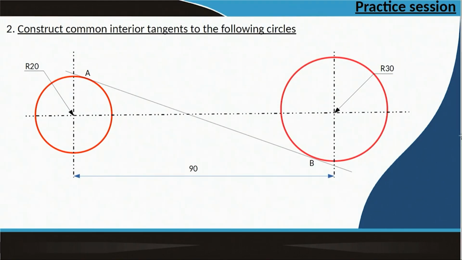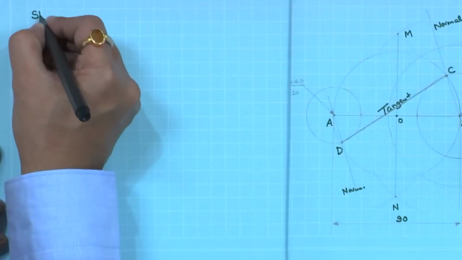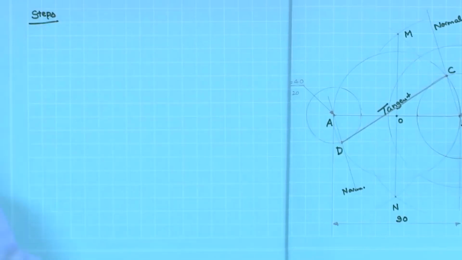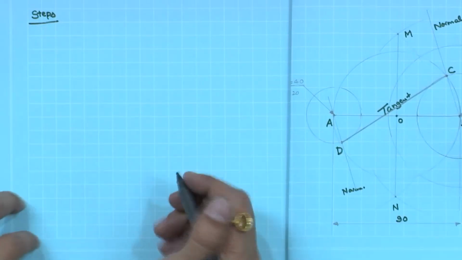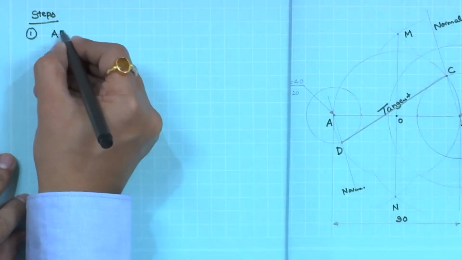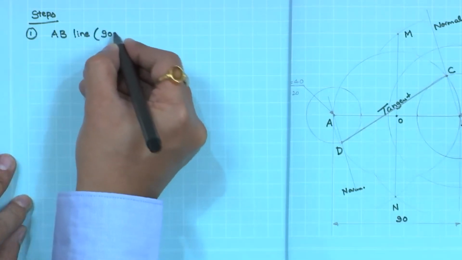The summary of steps for this picture. Steps to be followed. First, draw the AB line of required dimensions, here 90 mm.